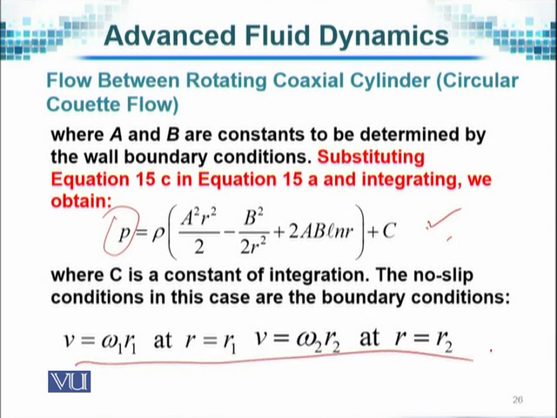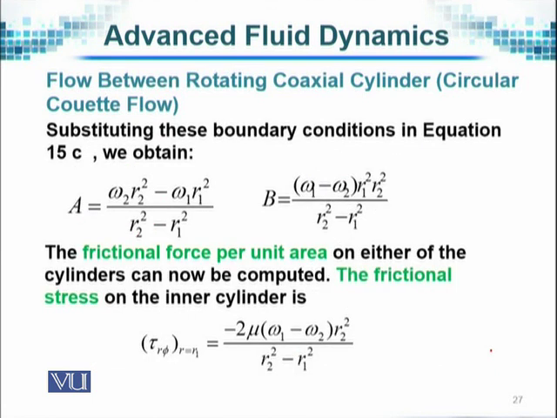The no-slip condition again is referring to the boundaries where, due to viscosity, the fluid will not be flowing freely and will be sticking to the wall. So that means the fluid will be moving with the same angular velocity with which the cylinder is moving.